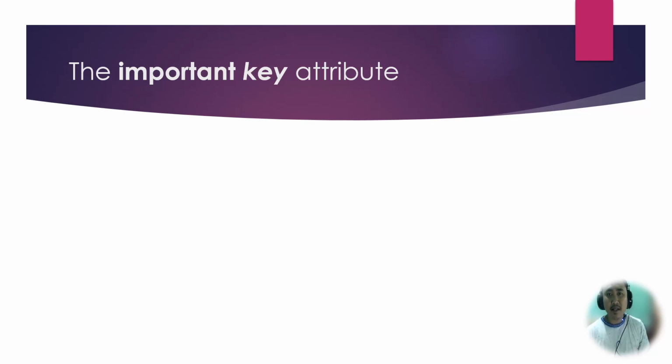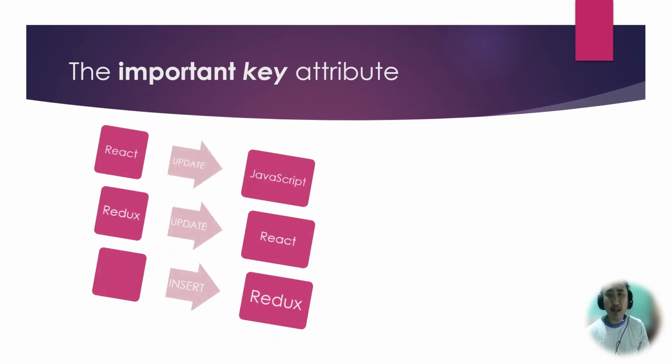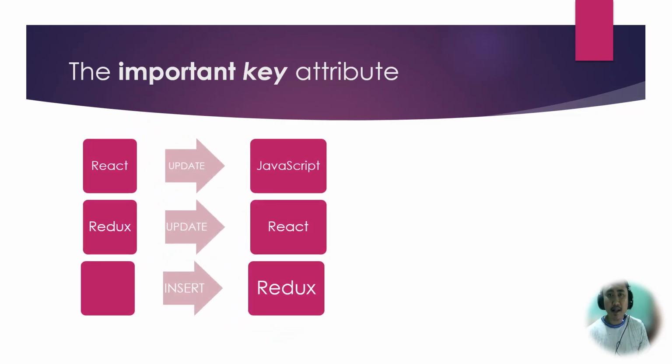And by using key attribute, React can effectively replace the changed items. And if not using key attribute, React will not update the list effectively. What I mean by that, let me explain it to you.